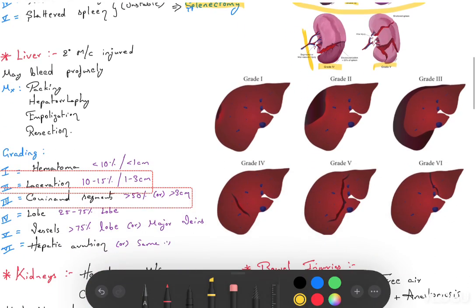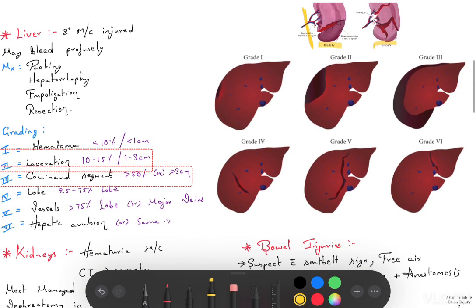Okay. So next we can see here that is liver. Liver is the second most common injury. In minor injuries, we just have to observe. In moderate injury, we have to do packing, and we can use some hemostatic agents. In severe injury, we have to do Pringle's maneuver, packing, or angioembolization, and operative repair.